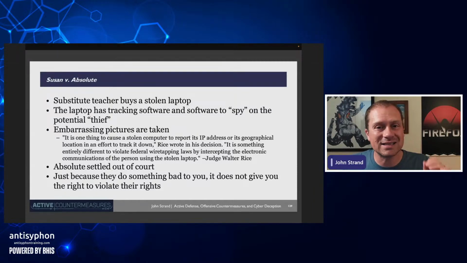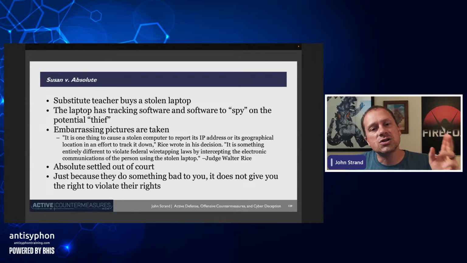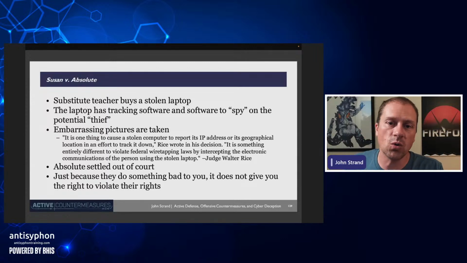It is another thing entirely to violate federal wiretapping laws to do so. See, Susan Clements Jeffrey did not own that computer system, but she did still have a right to privacy on that computer system. And notice how Judge Walter Rice creates this bright, shiny line for us. IP address and geolocation information.